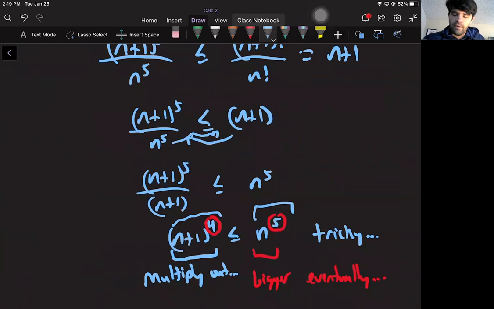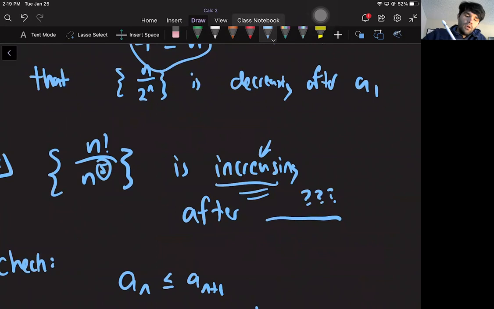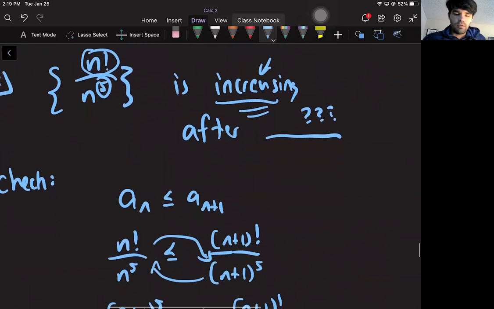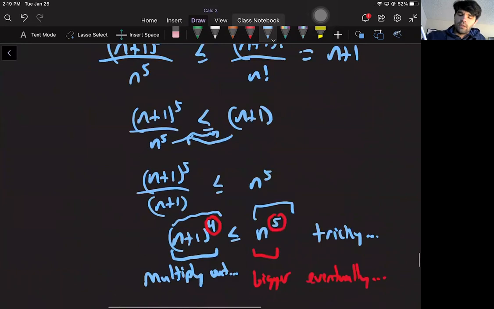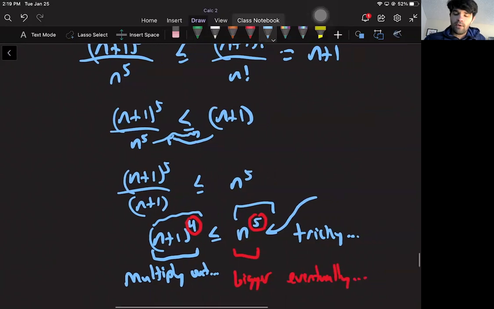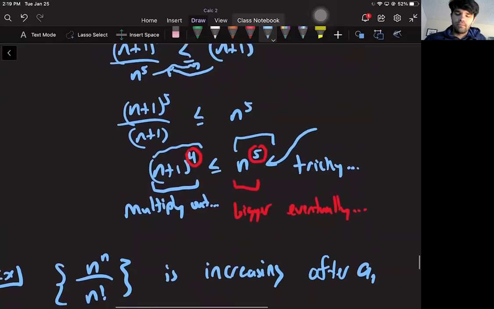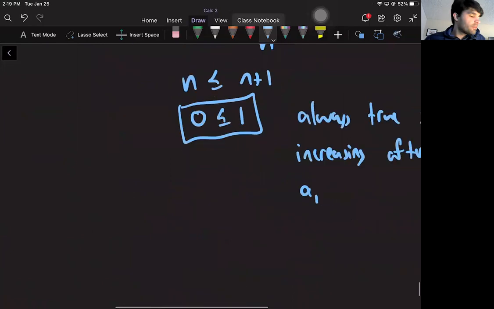Because when you have powers mixed with factorials like this, if the power is really big, like 5 or even 4 or 3 are kind of big, then you always end up with something like this, where one is clearly bigger than the other because it has a bigger power, but algebraically it's not nice to simplify like the other ones were. But just be aware of those.